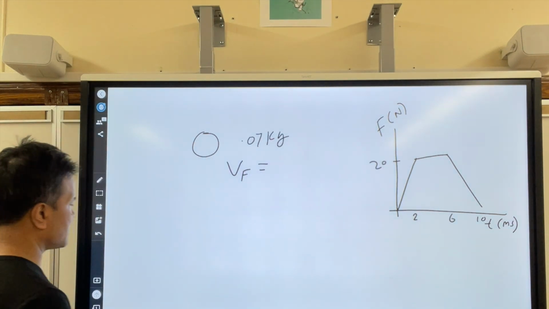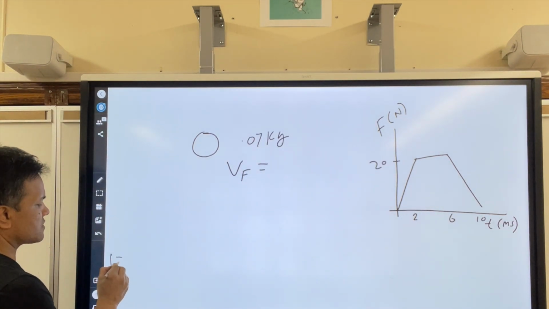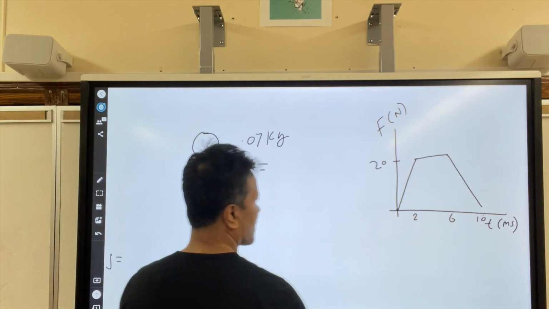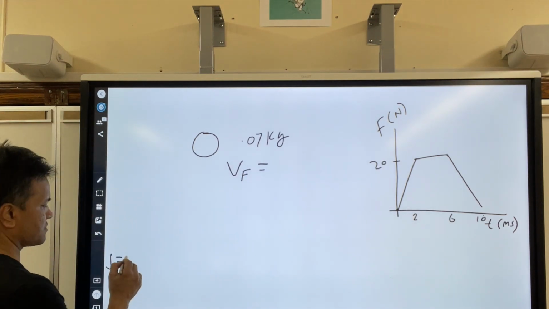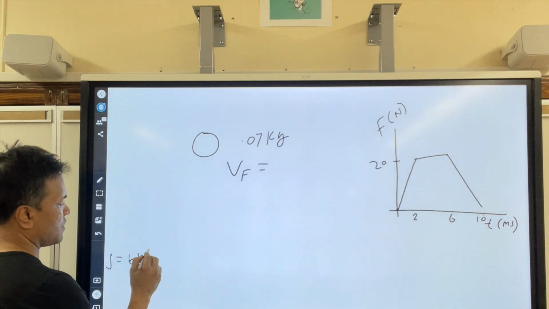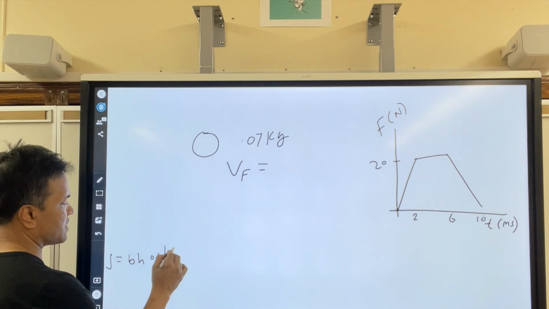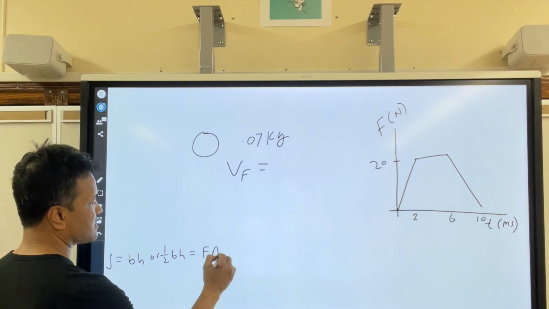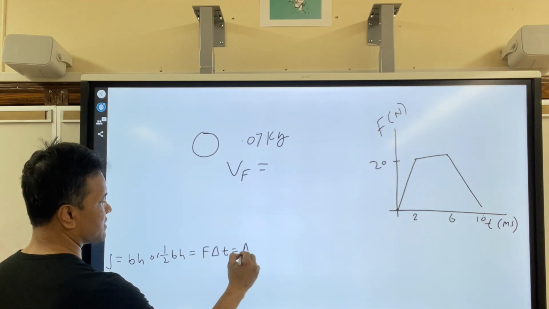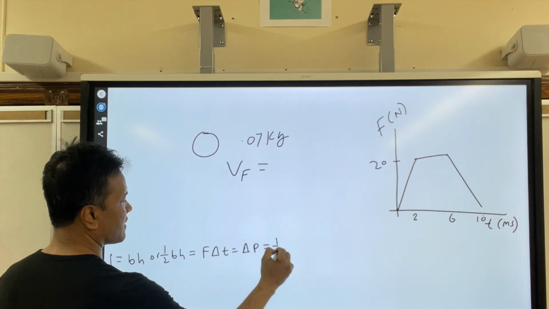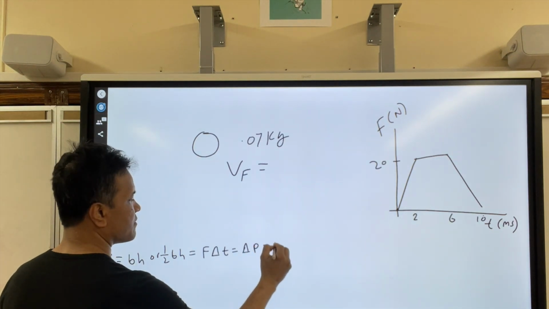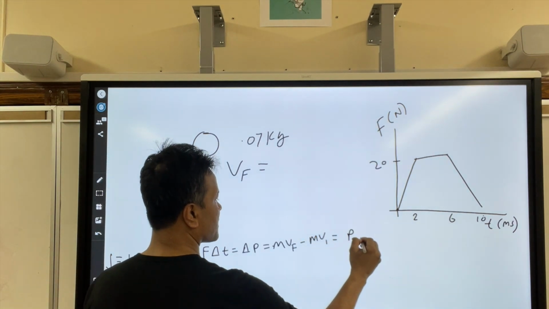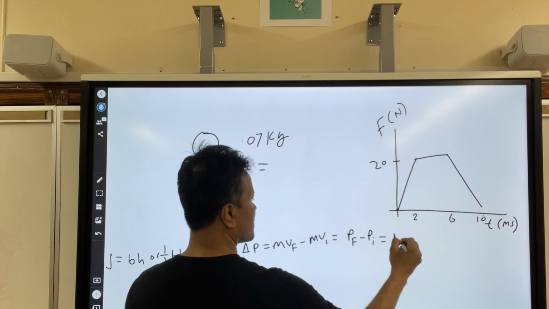All right, let's find it. Impulse is equal to BH or half BH, depending on the scenario, or F delta T, or delta P, or half MV final minus MV initial, or P final minus P initial, or newton second.